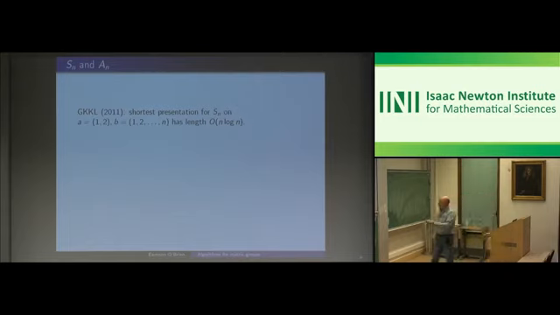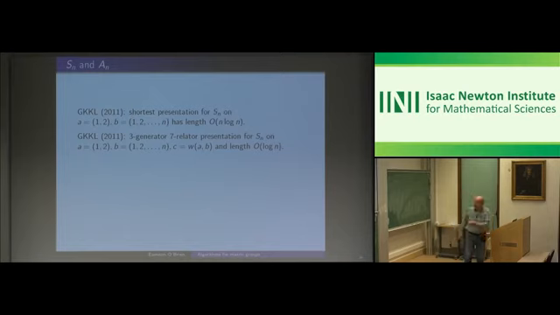What Guralnick et al. managed to do is they produce for you a 3-generator, 7-relator presentation for S_n on your 2 favorite generators, plus one other rather indeterminate generator, which is, with great effort, resolved as a word in a and b, and then it has length O(log n). I don't mean to dismiss this in the slightest.